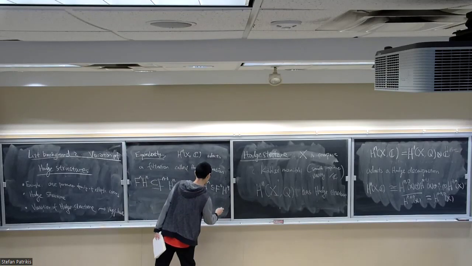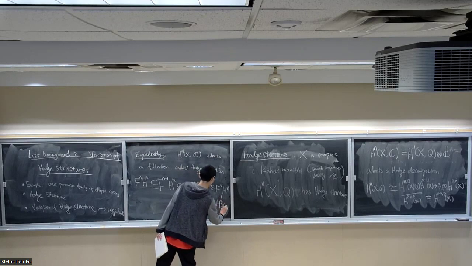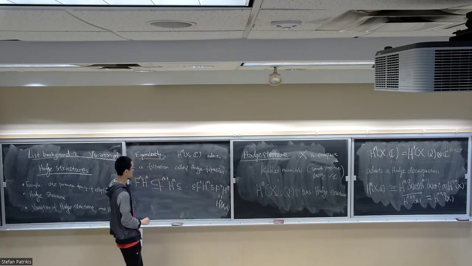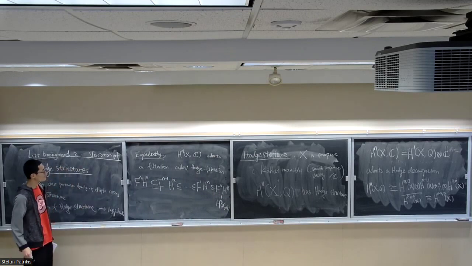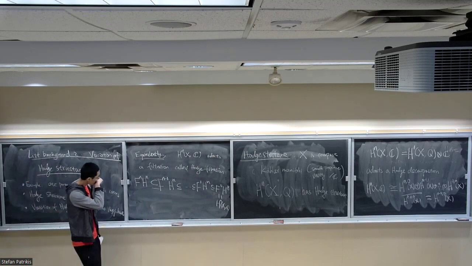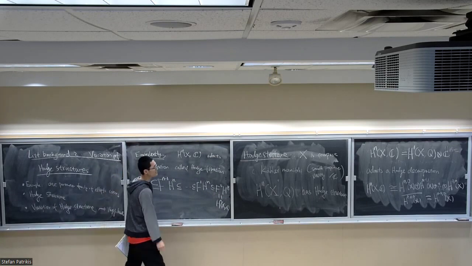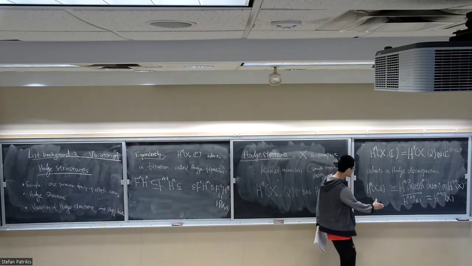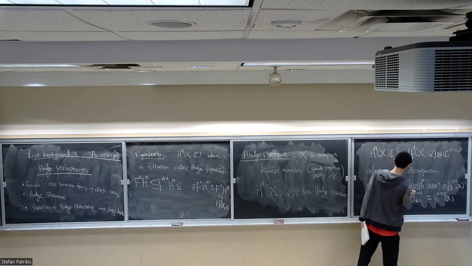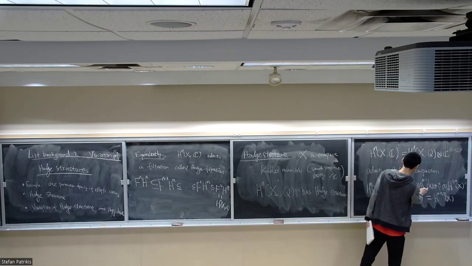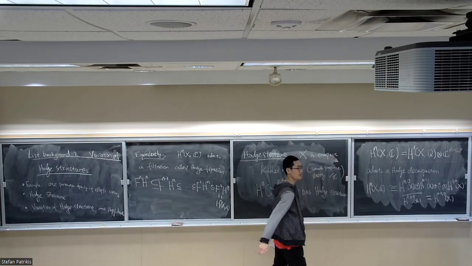For simplified notation, I'll just write H^n instead of the whole cohomology. By convention F^0 is just H^n(X, C) itself. So more or less this filtration is just taking the direct sum of the first few pieces in the Hodge decomposition.